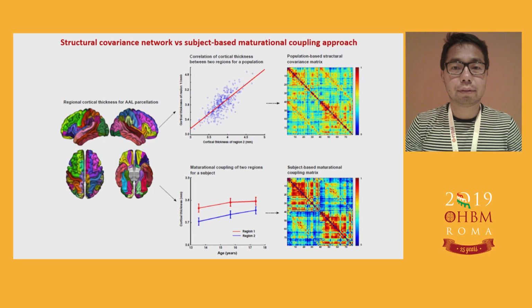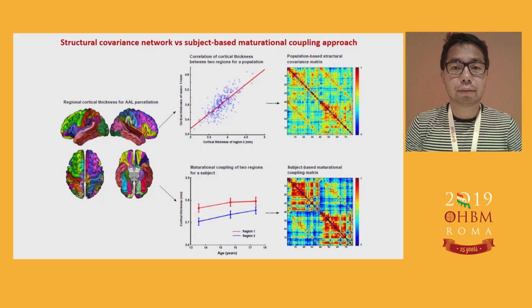So for example, in the lower panel, what I'm showing is a toy example of 2 brain regions with 3 time points. And we are interested in looking at how similar these cortical thickness changes are during development. The main motivation behind this is structural covariance networks.